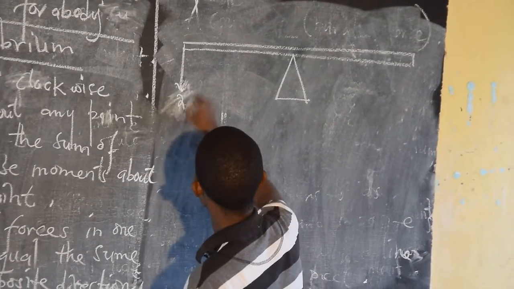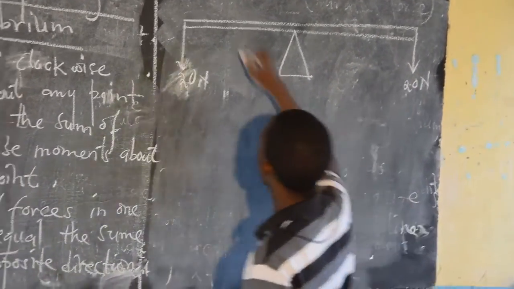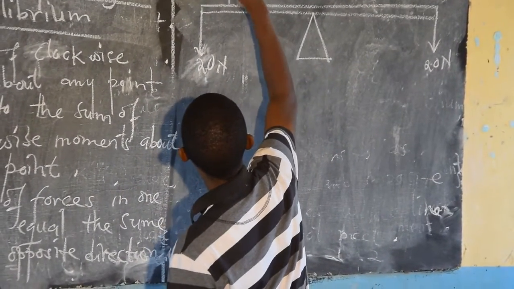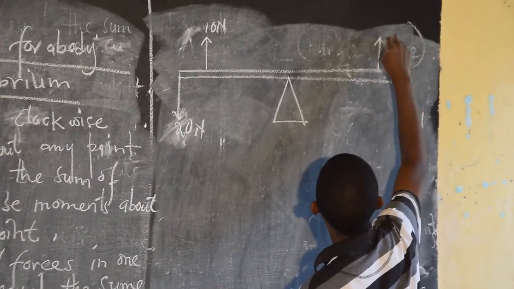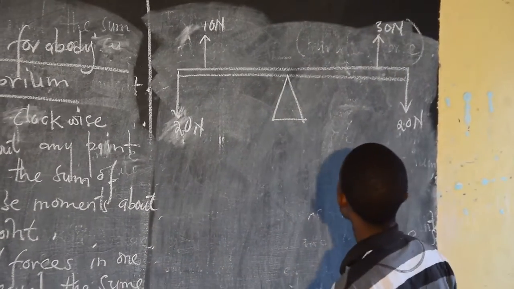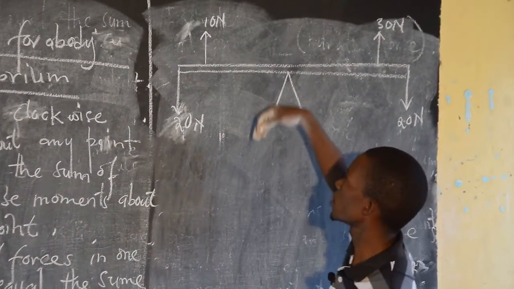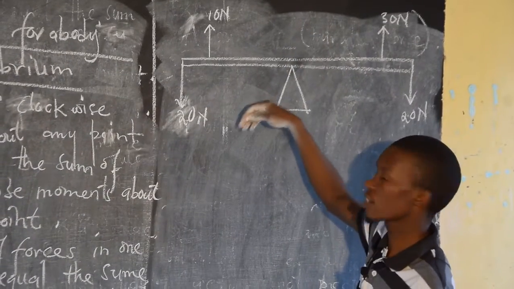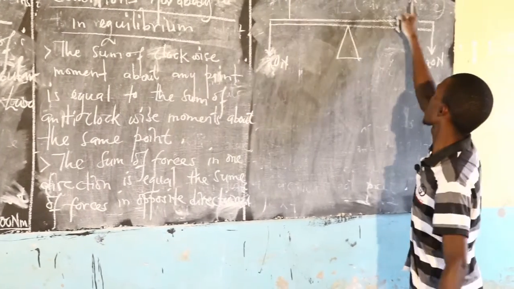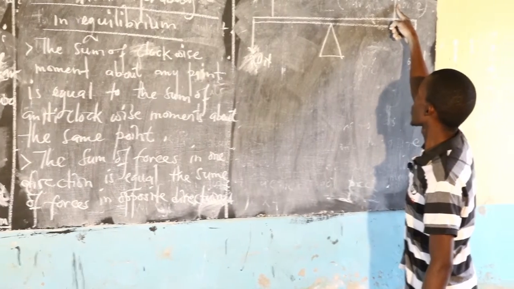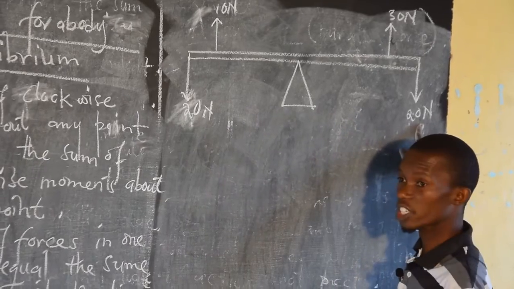If we have 20 newtons, and another force there which is 10 newtons, and another force there which is 30 newtons, when you add the sum of forces in one direction and the sum of forces in the opposite direction, 10 plus 30 you get 40, and 20 plus 20 you get 40.